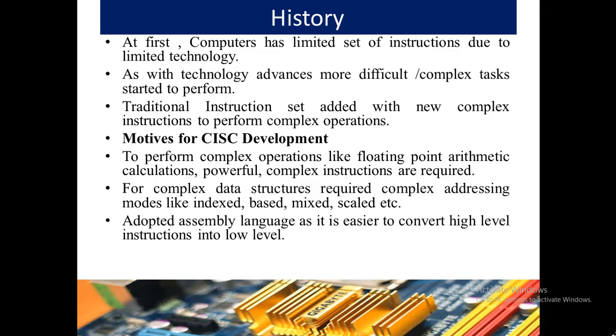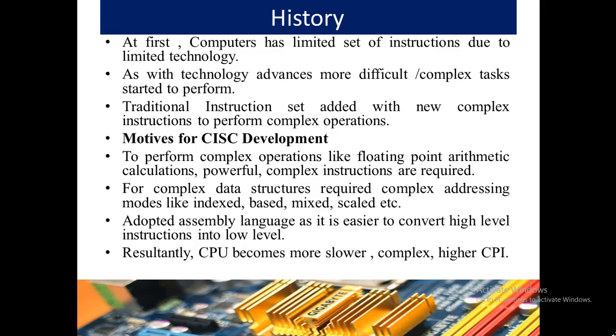To perform complex calculations, we need a language that supports the complexity as well as is easier to program in. So we adopted assembly language, as it is easier to convert high-level instructions into low-level instructions, so that programmers' commands in high-level language can be easily transferred into the low-level language that is understandable by the processor to perform operations.